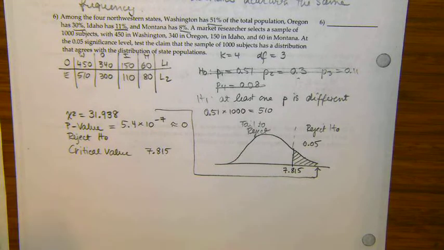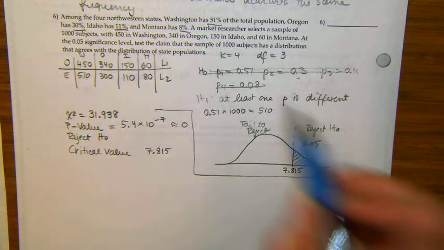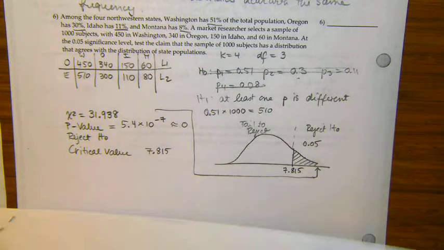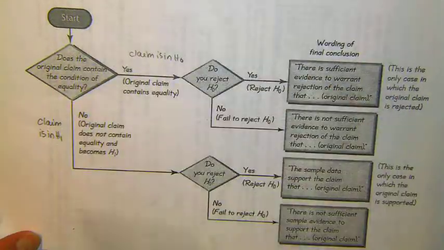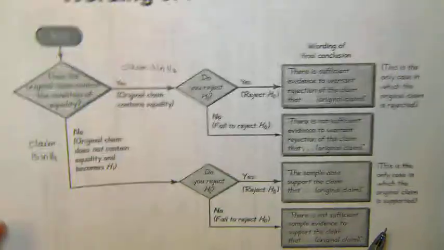Our original claim was in the null. We put our claim into the null. We want to see if it agrees with the distribution of state populations. We are on the top part again, and we rejected the null.